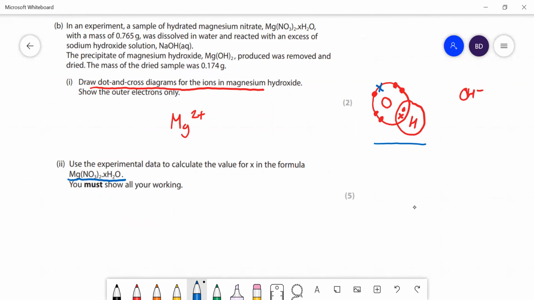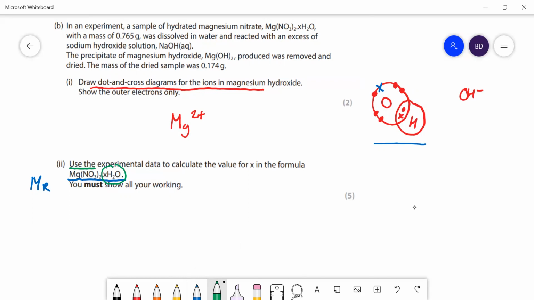If we can find out the MR of it, then we know how much the magnesium nitrate bit of it weighs, and so we can find out how much the water weighs, and we divide through by 18, which is the MR of water, and we find out what X is. So that's the approach we're going to take.